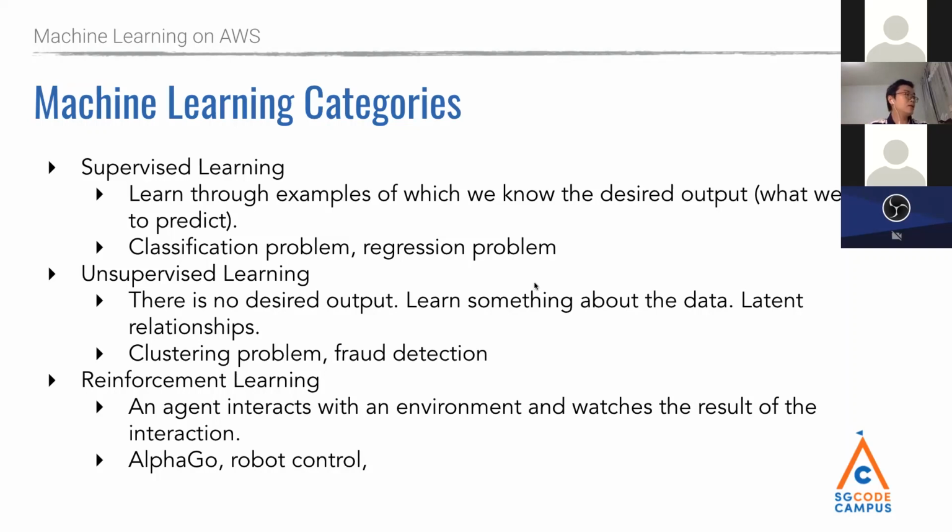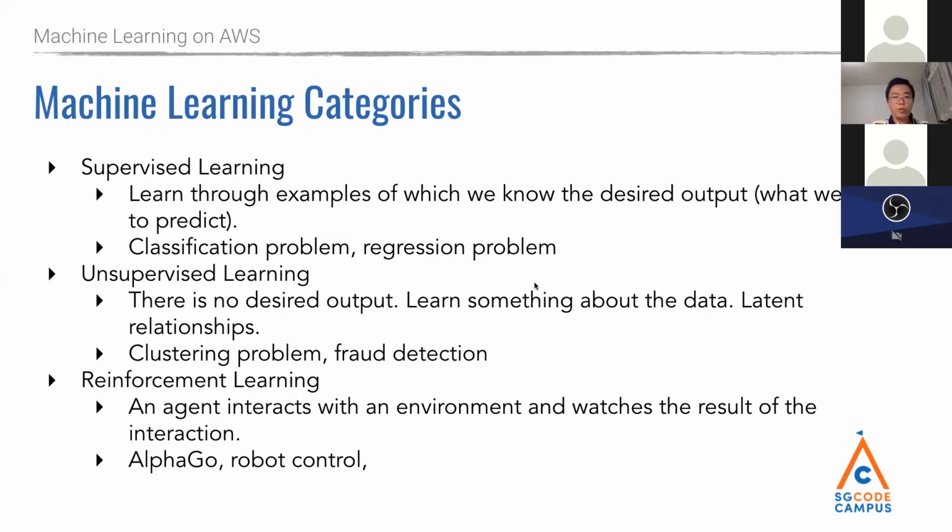Okay. Then the last category is some kind of very new, and they have gained a lot of attentions, which is reinforcement learning. Probably you have heard about a lot of artificial intelligence system like AlphaGo, which can play Go intelligently with human, and they can beat even human champions.